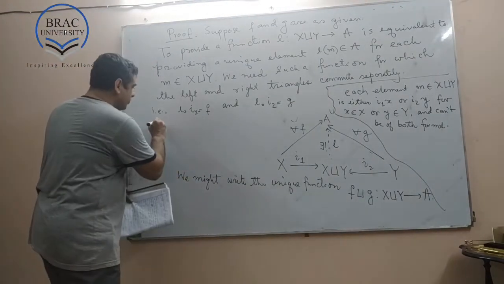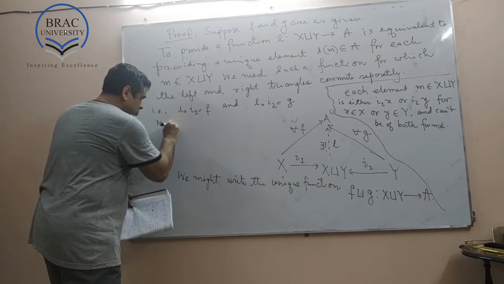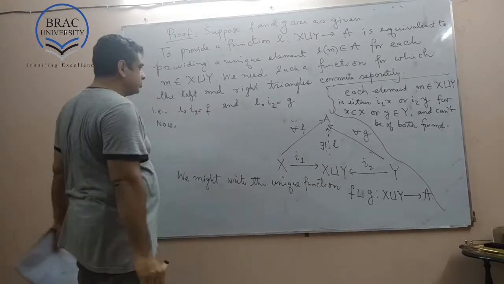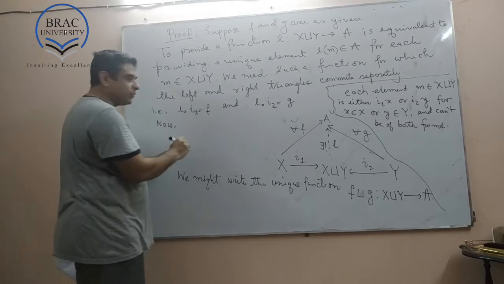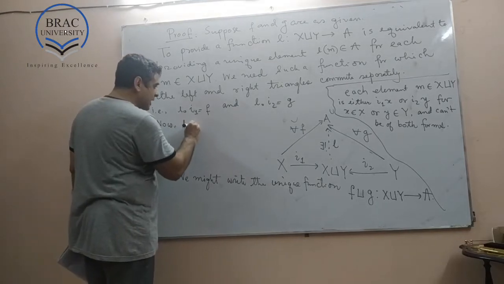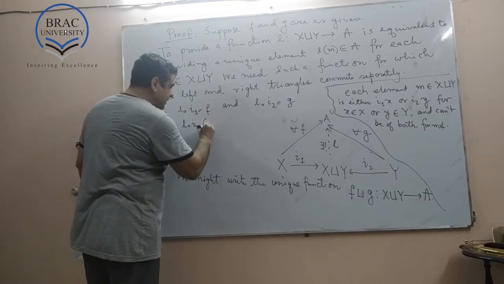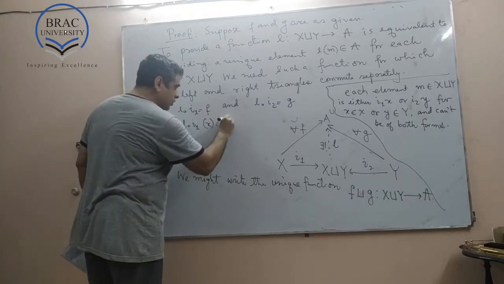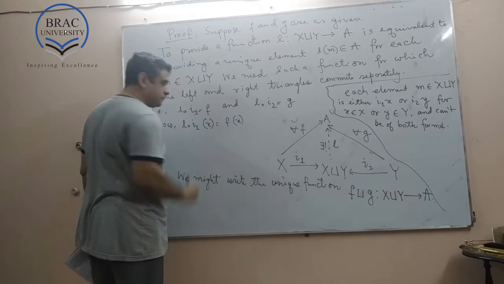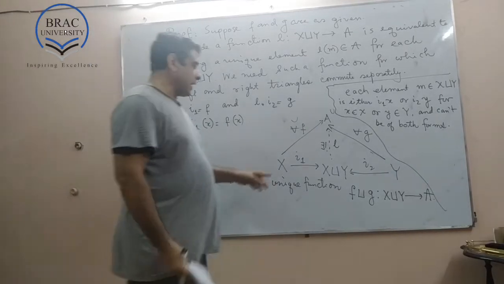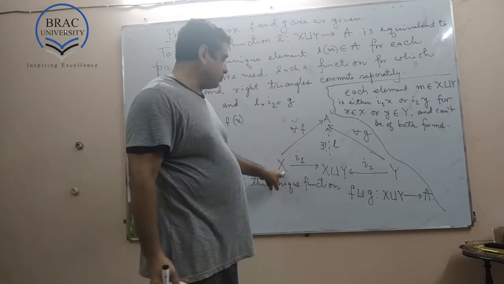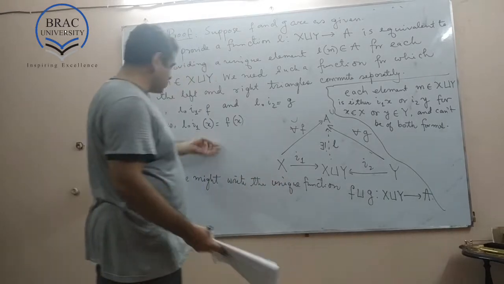Now, see that this is something that we need to satisfy. So we want L composed with I1 acting on x to be equal to f of x for a given small x in this big X. This is what we need.